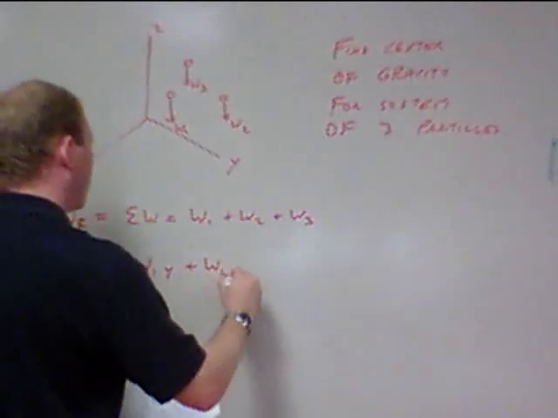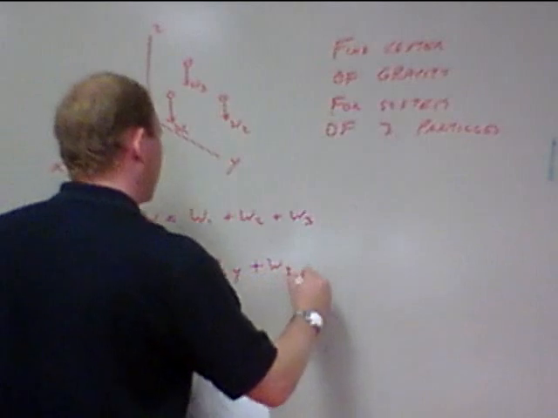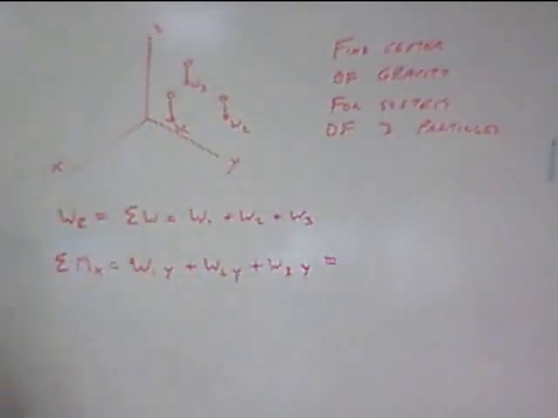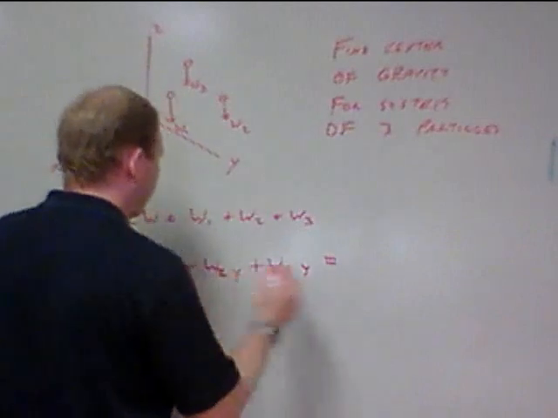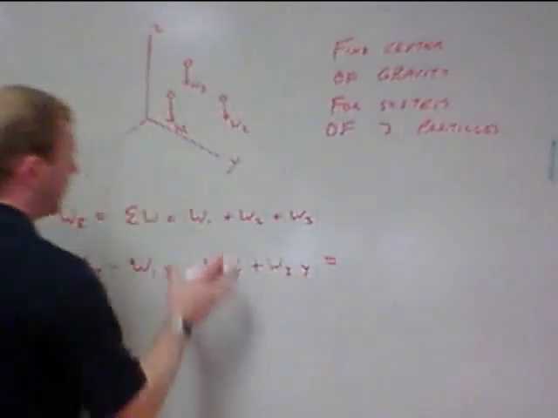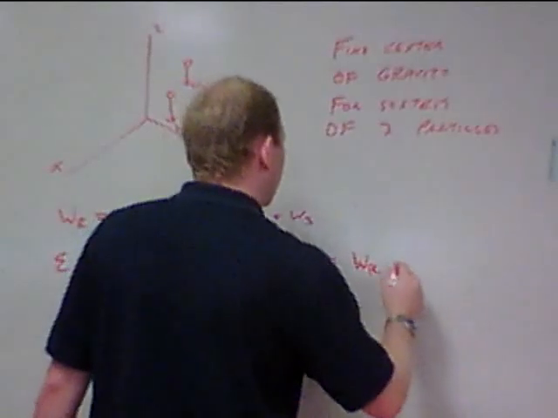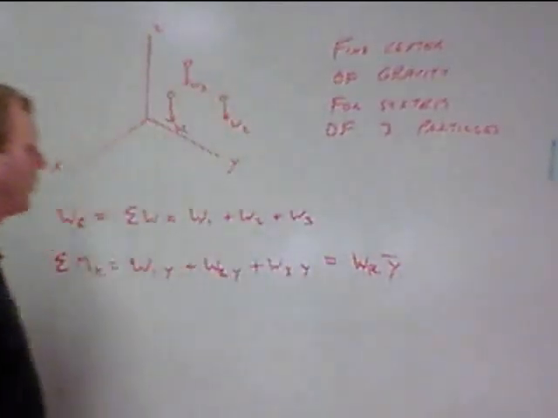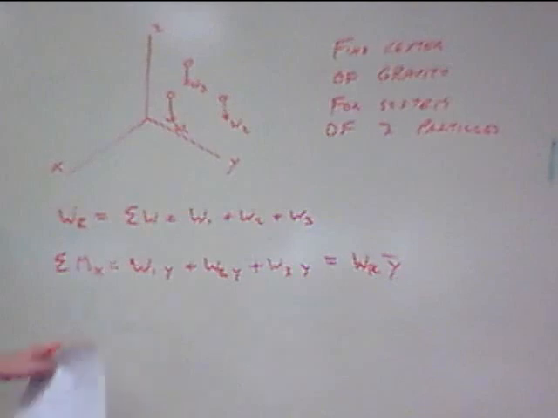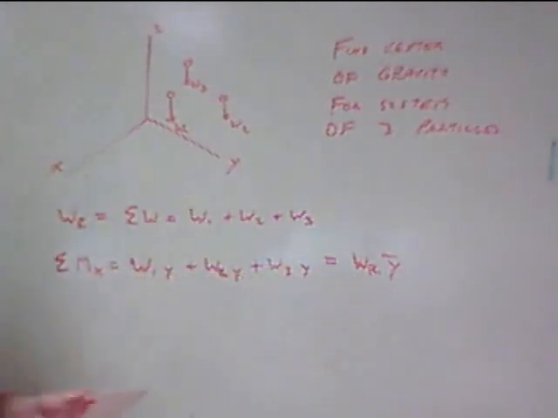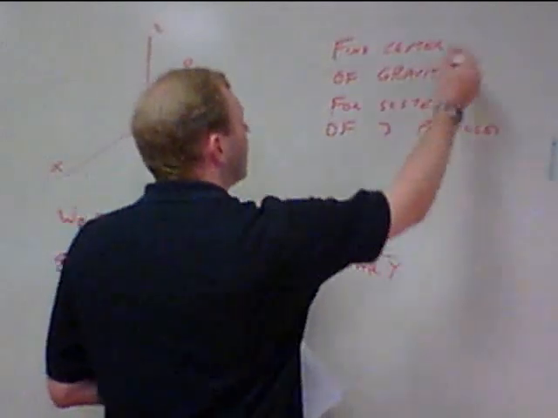Plus W2y plus W3y. That's going to equal the resultant times the y bar. So we found moment about the x-axis in order to find y bar, the center of gravity.